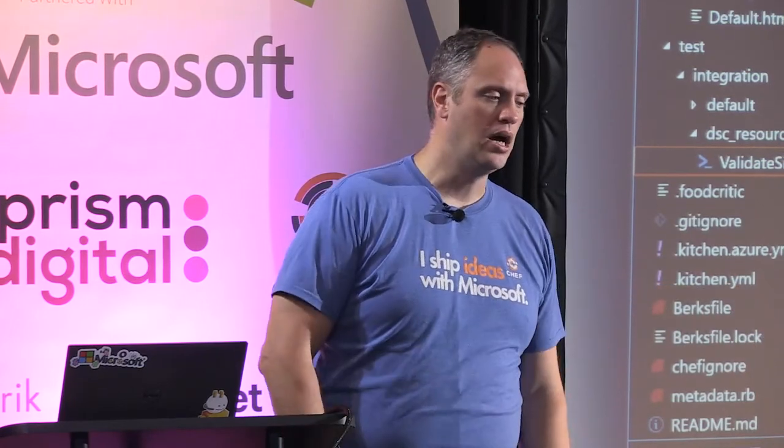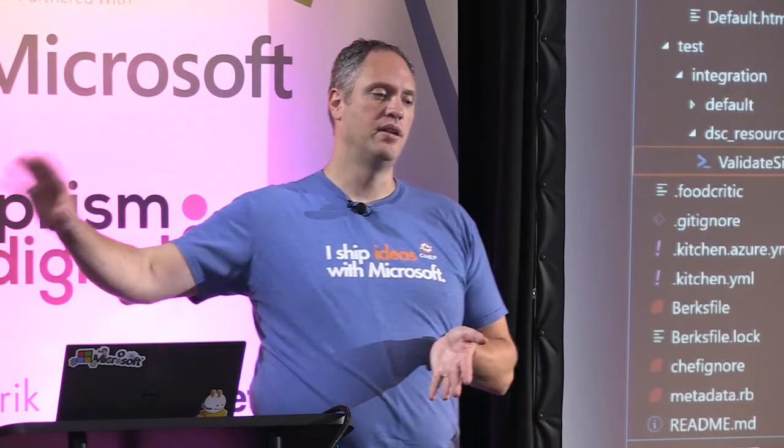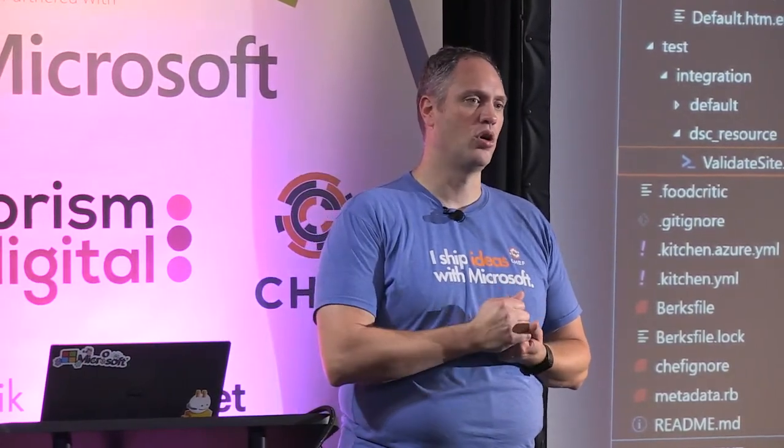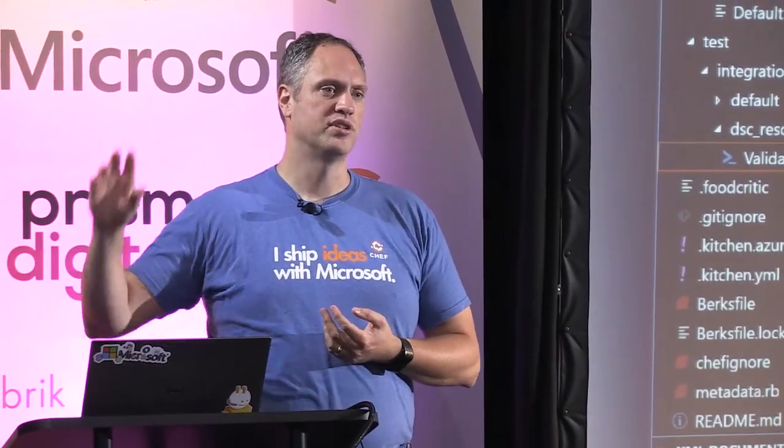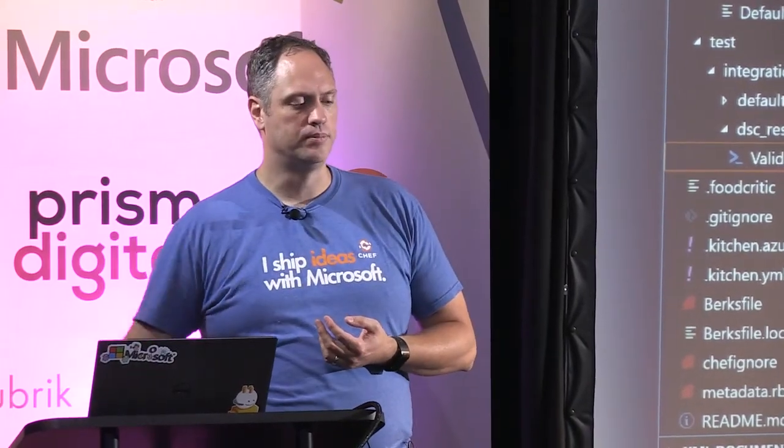Both approaches have their pluses and minuses. There are a couple of projects in the DSC area and in the Puppet area around getting things encrypted and keeping them alongside in source control. Usually in the Chef community, you see people want to keep those secrets outside of that and have them in some other store, whether that's an encrypted data bag or Chef Vault, or something like Key Vault, or some other third-party secret store.